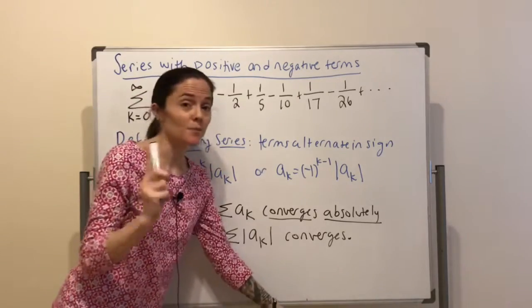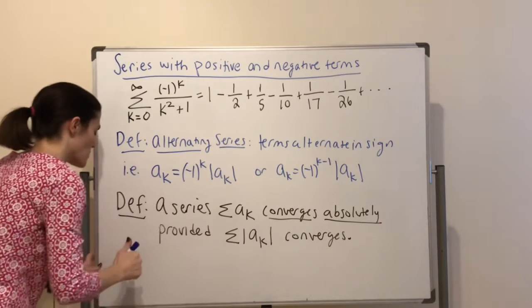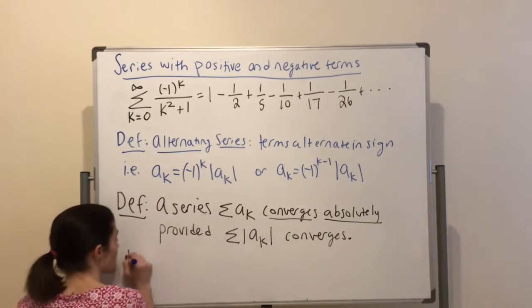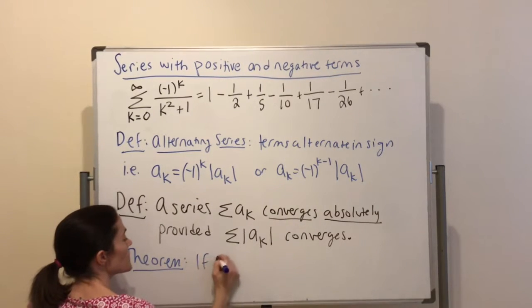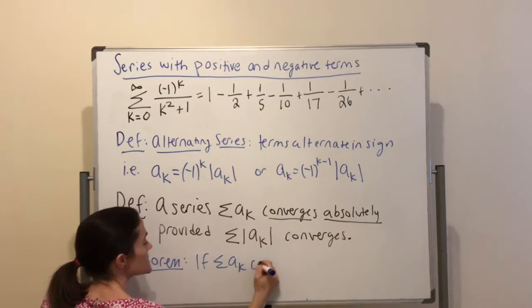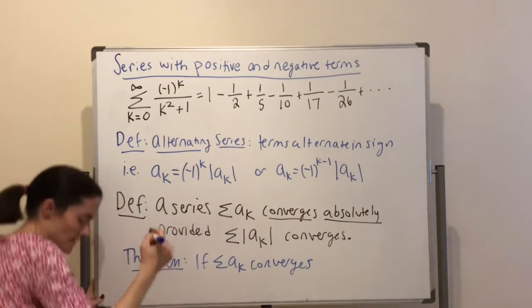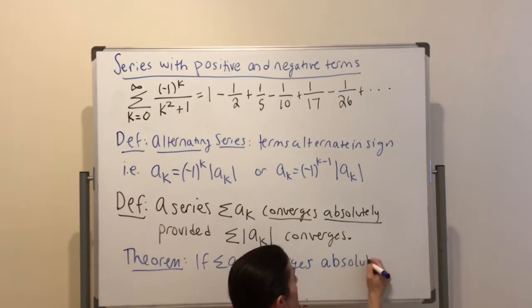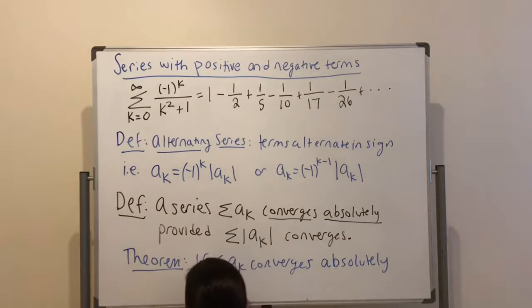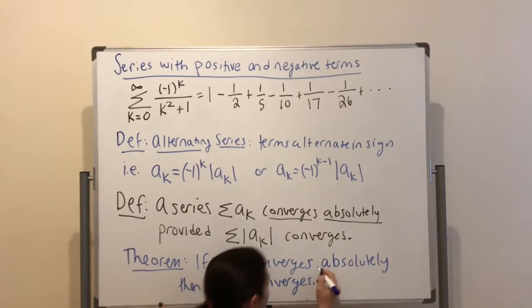Now, maybe we'll do an example first, but I will call this a theorem for now, and I will prove it after this example. The theorem is: if the sum of a_k converges absolutely, then the sum of a_k converges. Okay?